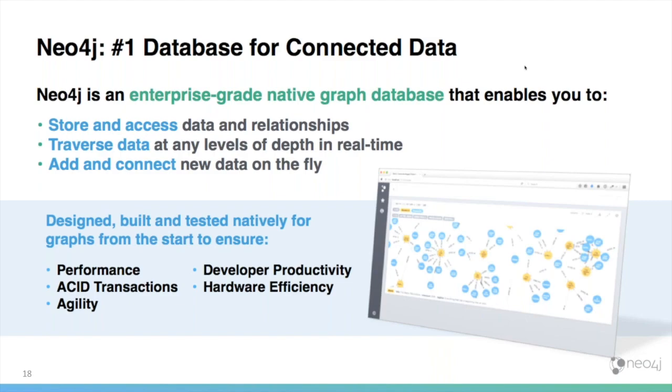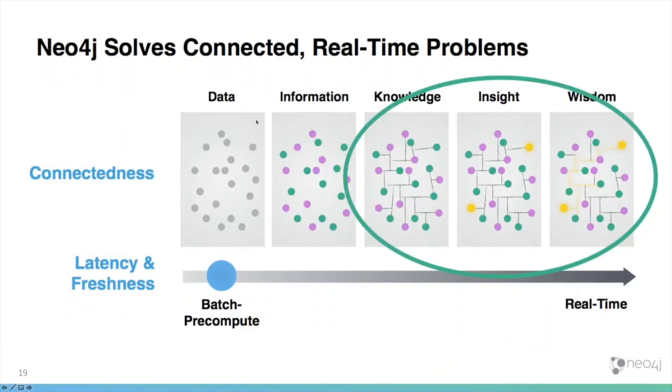It's ACID compliant, it's got security, it's designed for agility, so it's got all the features you would expect from an enterprise-grade database, which is what you would need if you are a financial services organization who needs to work with anti-money laundering processes in real time.